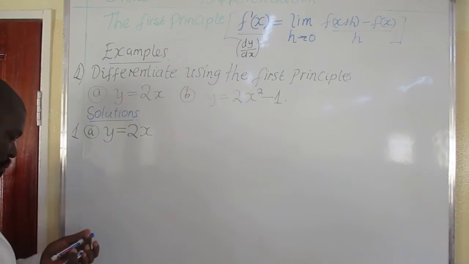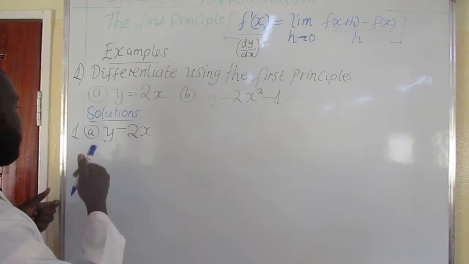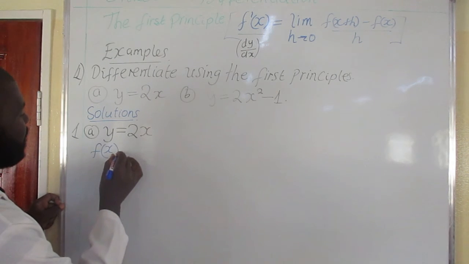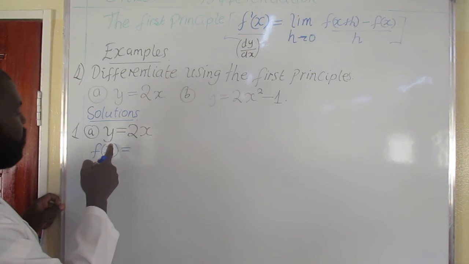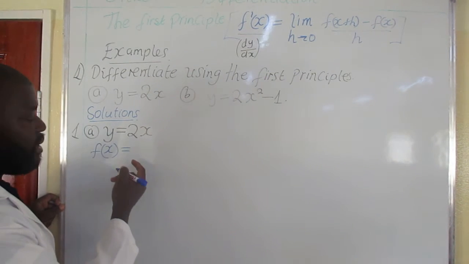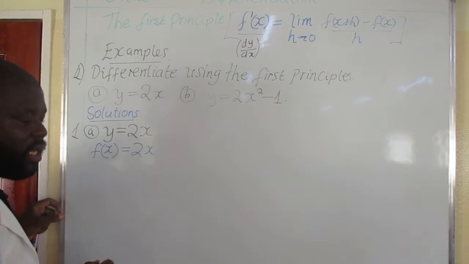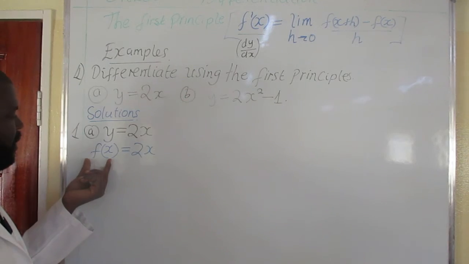So we know that f of x is the same as y. So in our case, f of x is equal to 2x, because y is the same as f of x.